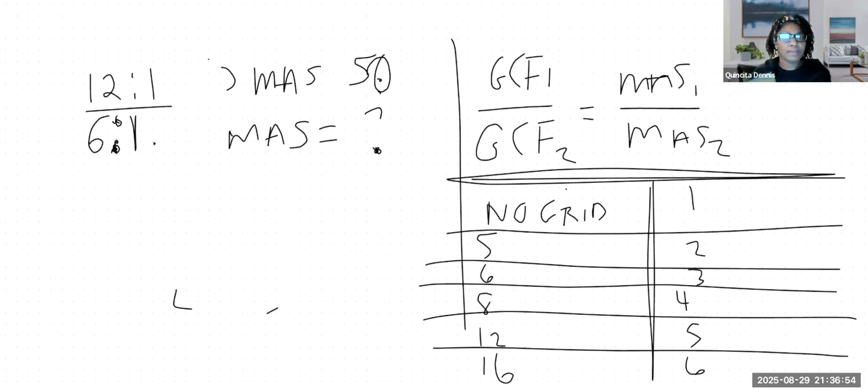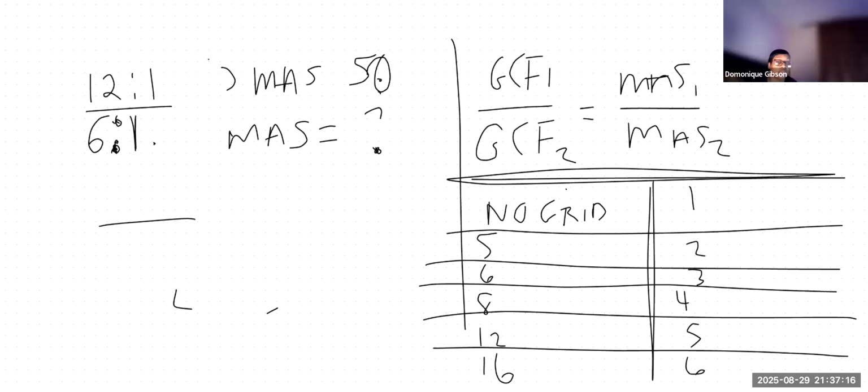All right, any answers yet? All right, 12 to 1, what number do I put in for that one? Five. What number do I put in for 6 to 1?